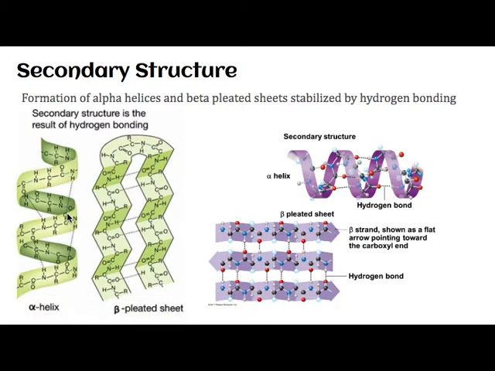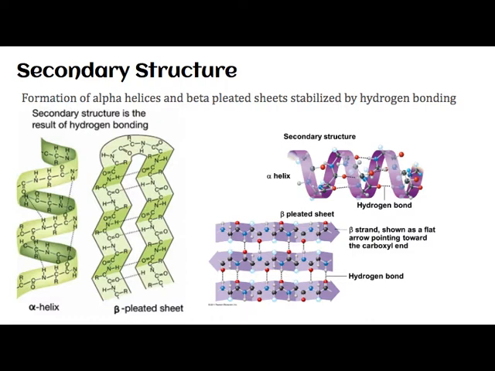I don't want to fast forward that, but you should remember the structure of your amino acid. I'll just draw here for you so you'll remember. Remember that? So this H can form a hydrogen bond with this of another amino acid.